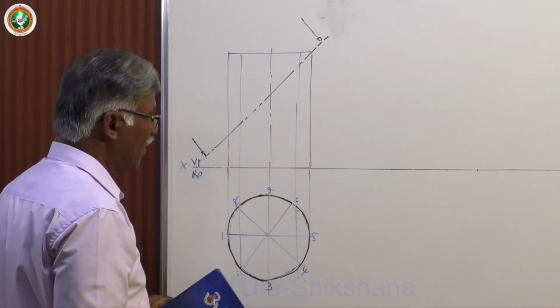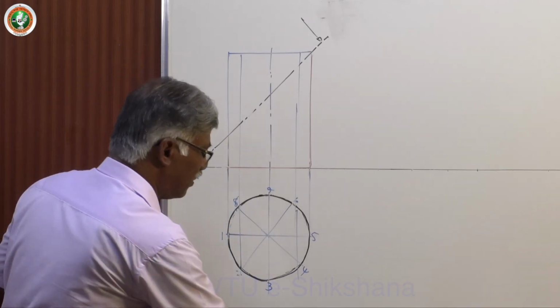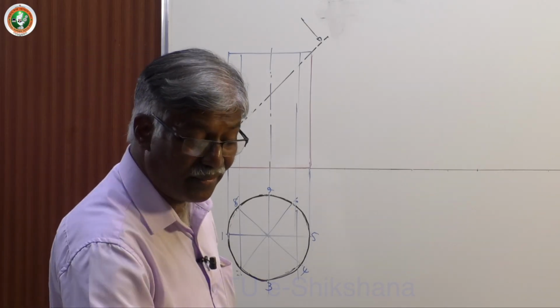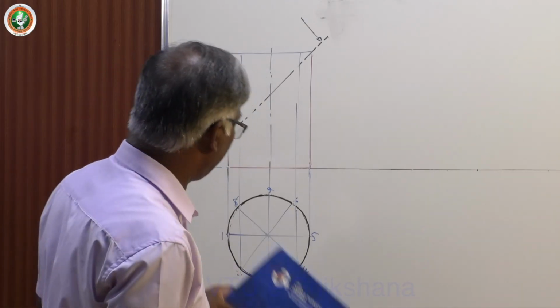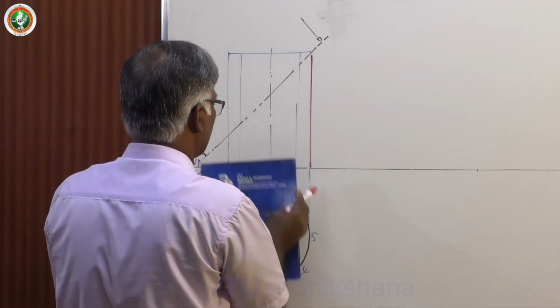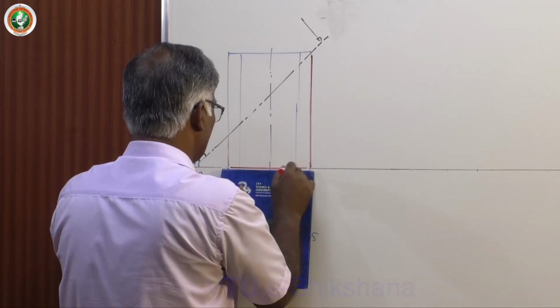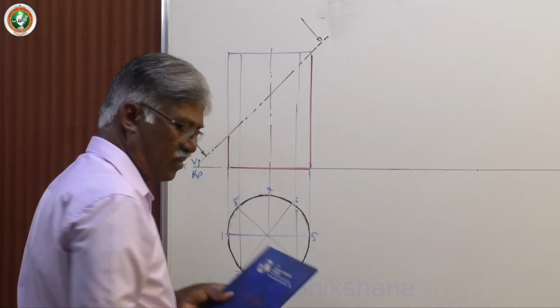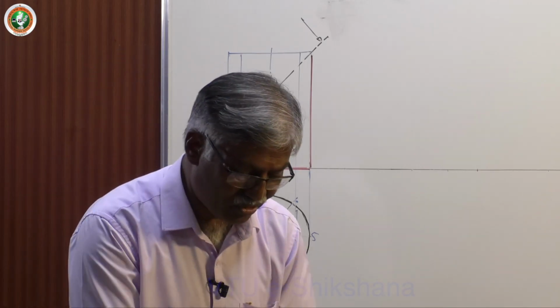Need not dark the generators, they are always imaginary, and they must also be very light. See that the complete remaining portion should be identified.